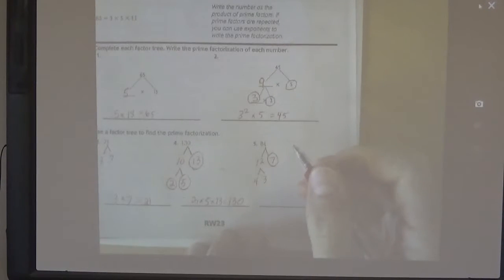Yes. Or did you say 2 times 6? 4 times 3. Then we can break 4 down into 2 times 2. So now our formula is 2 to the second power times 3 times 7.